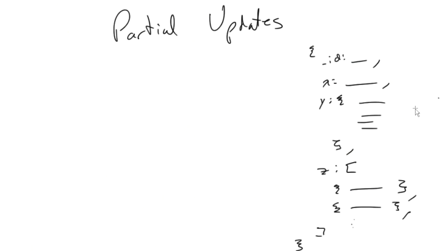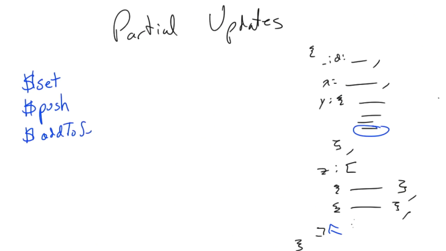So we're going to do partial updates here. The way we do this is we have special operators which allow us to do modifications. $set sets a new value, or sets a value if the field didn't already exist. We also have $push to add something to an array. $addToSet will add to an array if not already present. $pop removes from an array.